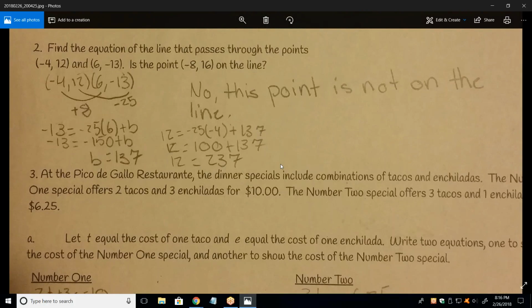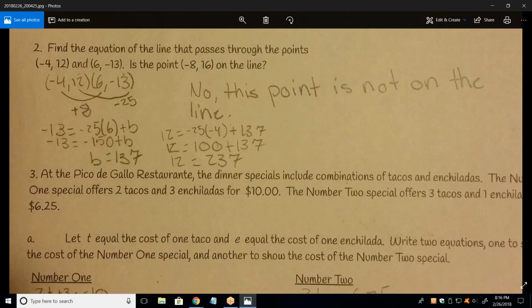Find the equation of the line that passes through those points. And is this point on that line? Well, what's our first job? Find the slope. Okay. So we've got, is that a 4?